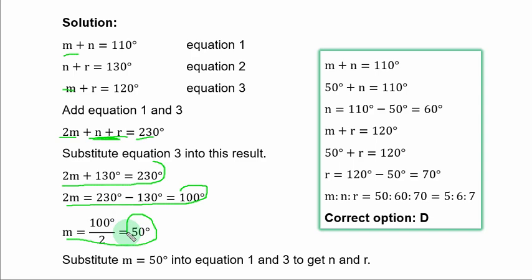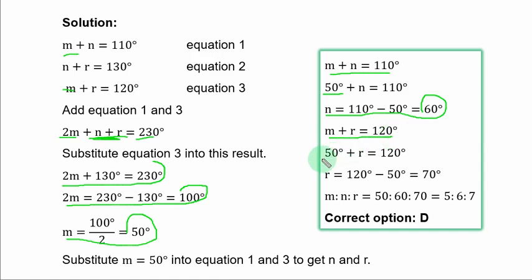We can get n by replacing m with 50 in equation 1. Then we get arrow from equation 3. So this is equation 1. You replace m with 50 degrees, n becomes 110 minus 50 degrees, and that is 60 degrees. Then this is equation 3.